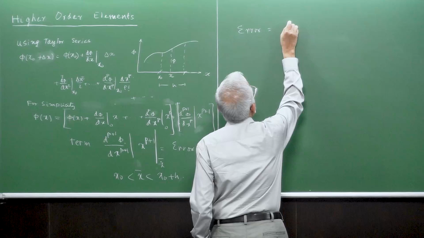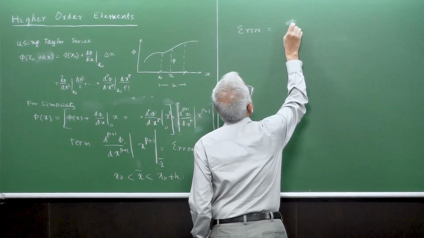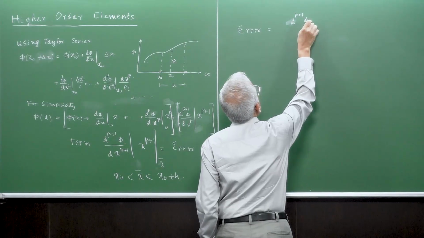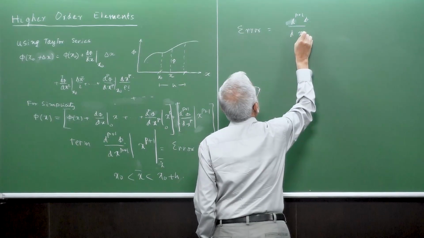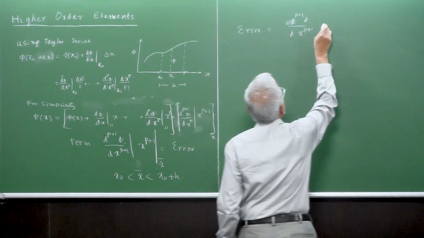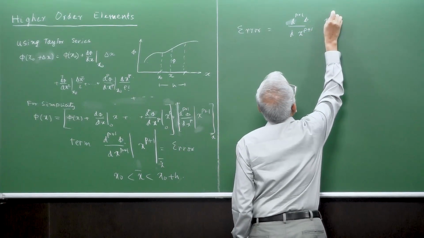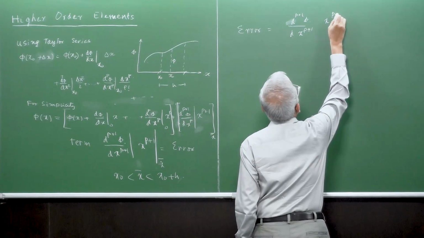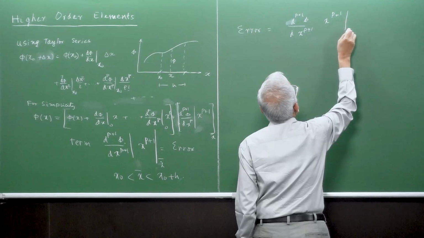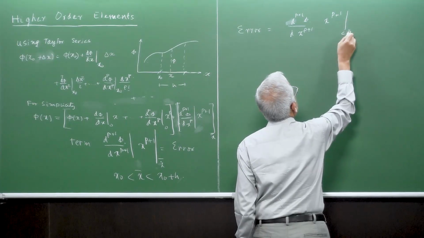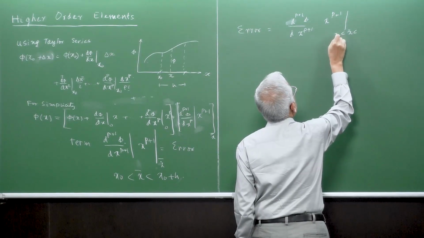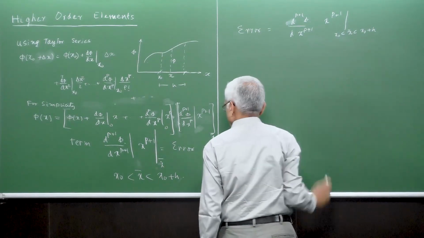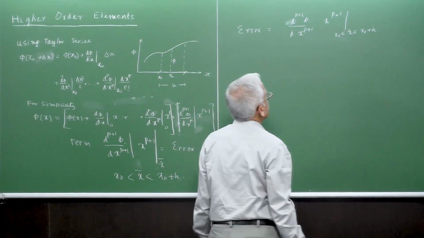So the error is the (p+1)th derivative of phi. We are only isolating this one, x to the power of p plus 1, anywhere between, to be more precise, I write it as x naught plus h.